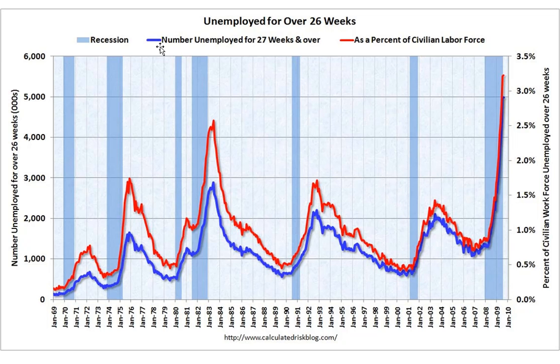The blue line in this chart represents the number unemployed for 27 weeks and over, and the red line represents those as a percent of the civilian labor force. So again, you can see what's happened here. Following the recession, we had a very, very sharp and steep uptick from just under 1% to over 3%. Again, a negative fundamental in the economy.